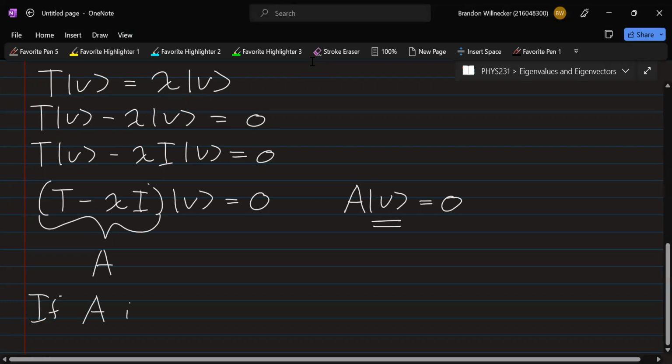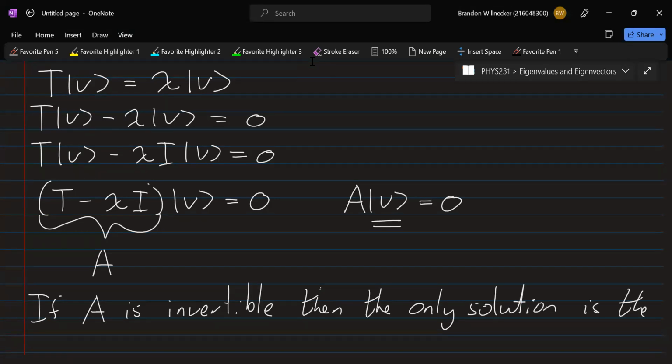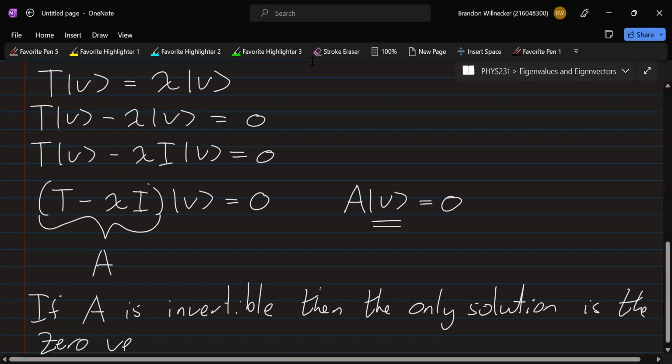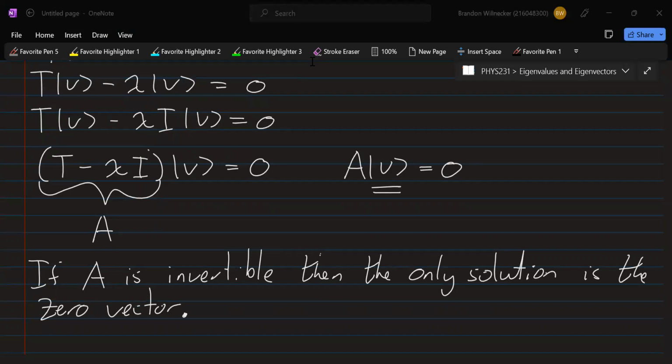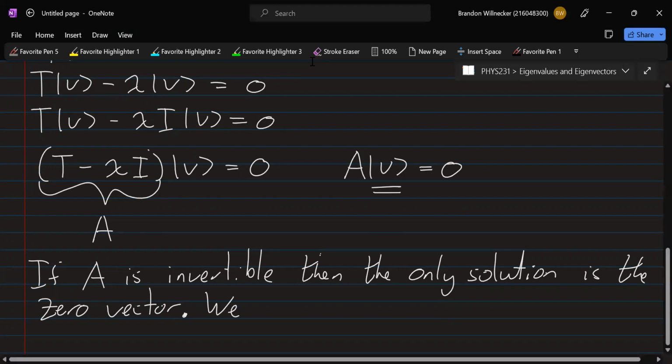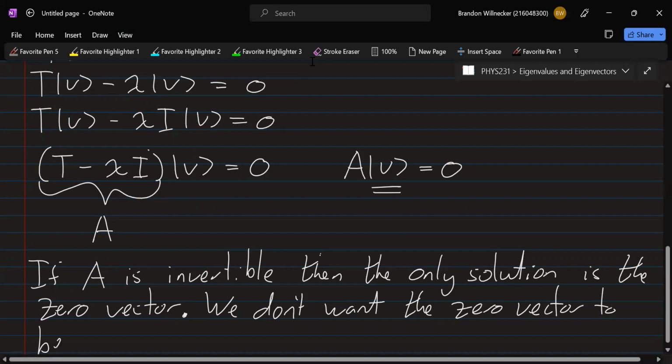So if A is invertible, or non-singular, then the only solution is the zero vector. Okay, and then just a note, we don't want the zero vector to be an eigenvector.